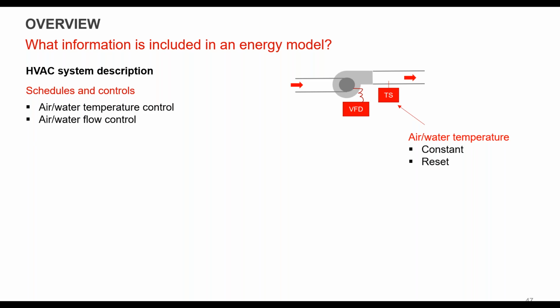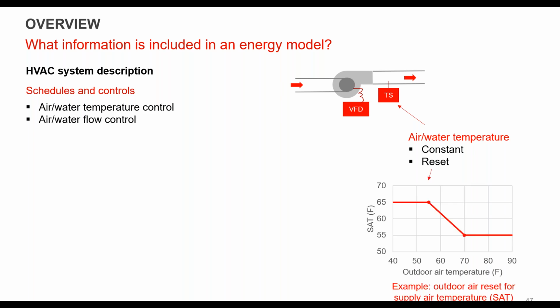You could have lots of different options for resets. This is just an example of a supply temperature reset controller, right, based on outside air. So very common, required by ASHRAE 90.1. But again, you could have various permutations of that implemented within the model.